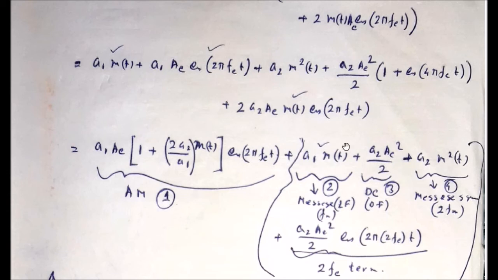It will become simply the amplitude modulated waveform, because you know that an amplitude modulated waveform necessarily has two components. One is the unchanged carrier signal, another is the multiplication of message signal and carrier signal. So these two as a whole represent the amplitude modulated waveform.